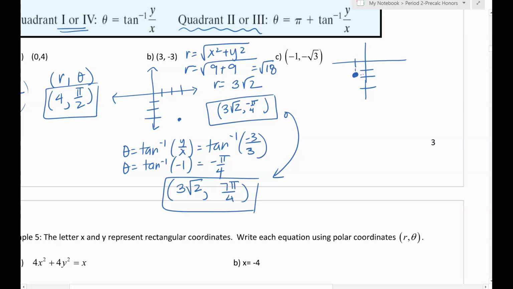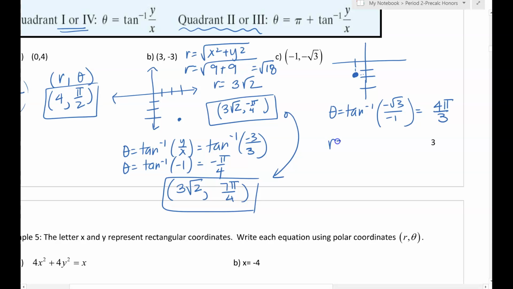Well, let's figure out my angle. Theta equals tangent inverse of y divided by x. y is negative rad 3, x is negative 1. That's a negative divided by a negative, which is positive, so that's why it's in quad 3. So I would now have 4 pi over 3, right? Because that's the angle in quadrant number 3.